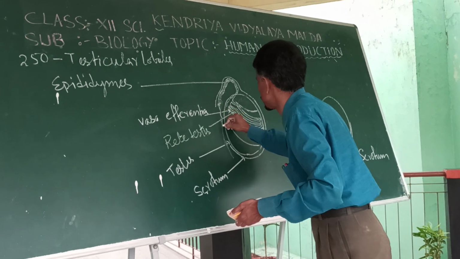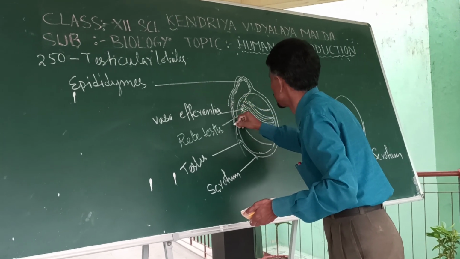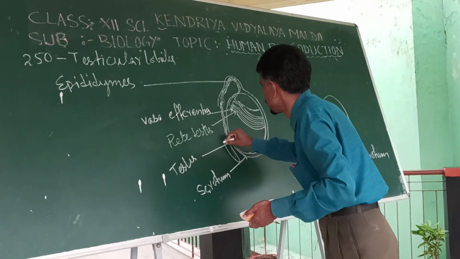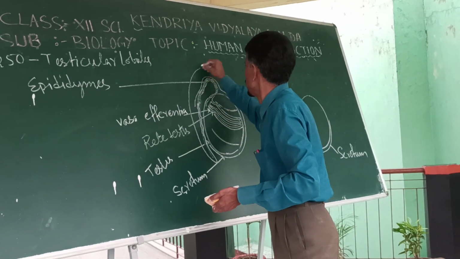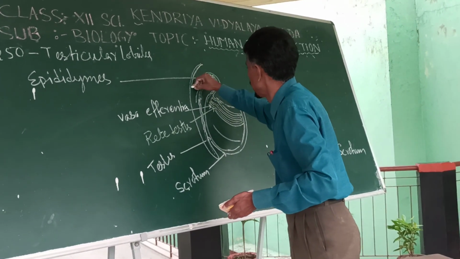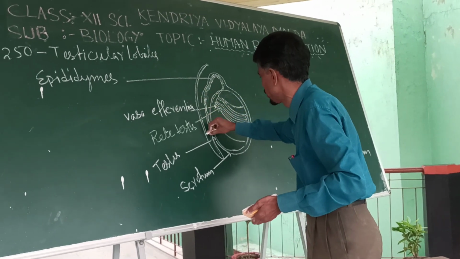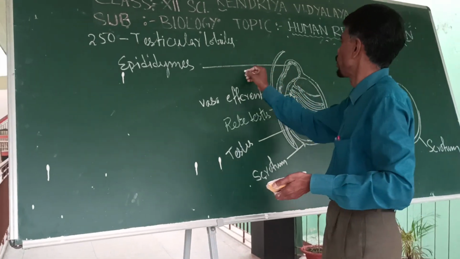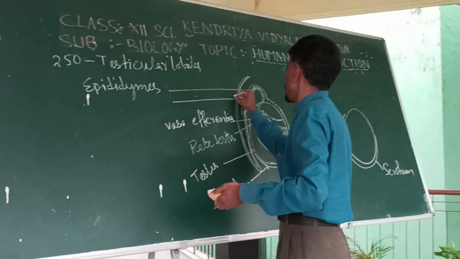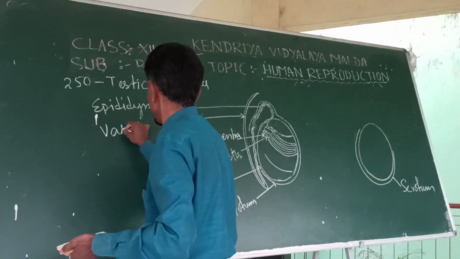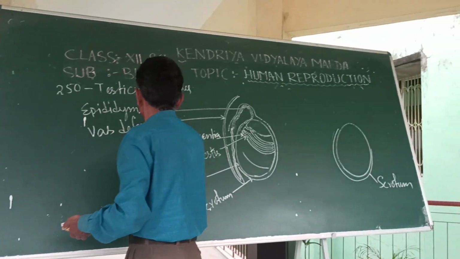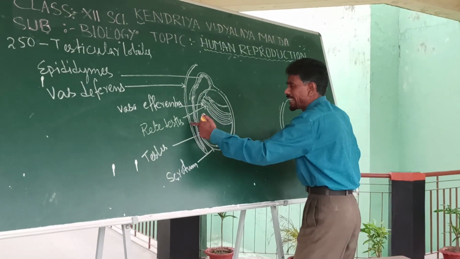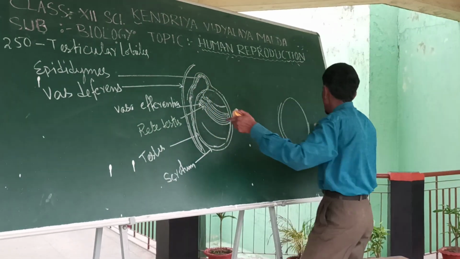This epididymis enters into a long tubular structure, a long tube called vas deferens. So from one testis a single vas deferens, from the other testis another.